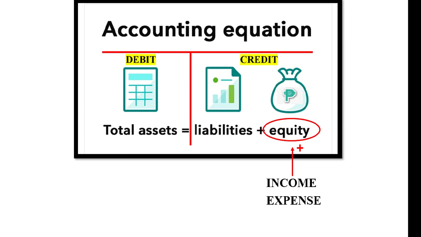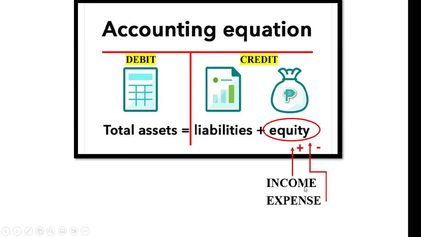On the other hand, expense is not so good, right? You don't want to incur lots of expenses. So on your part as the owner, expense is not that good. Therefore, expense decreases equity. Understanding this concept, if you can recall, equity is under credit. So any increase to equity requires a credit.